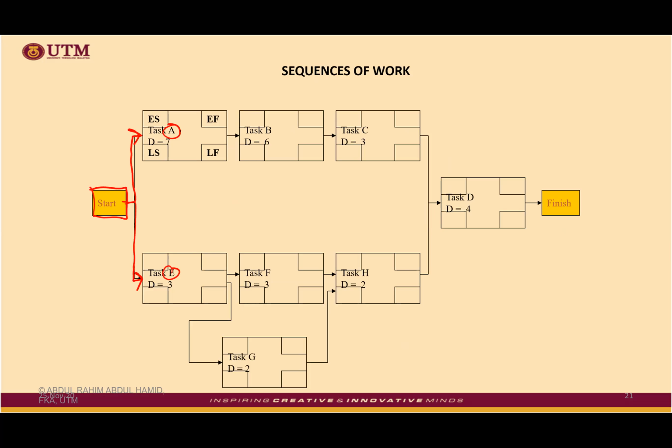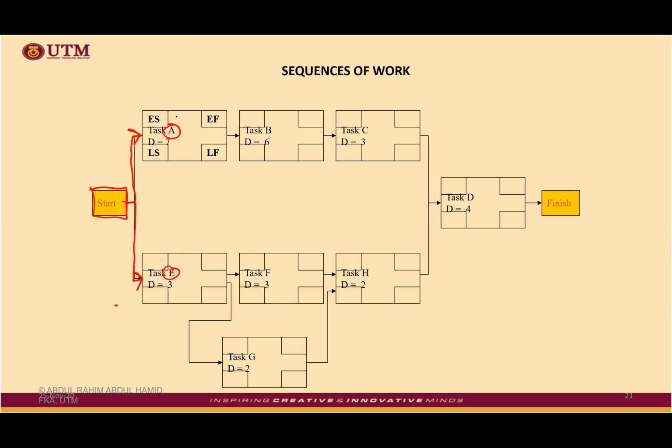Some people would put A here, whereas some people could put E on top of the diagram. It doesn't matter. There is nothing wrong. The diagram could look different, but in terms of relationship, it is correct. That is the most important thing.